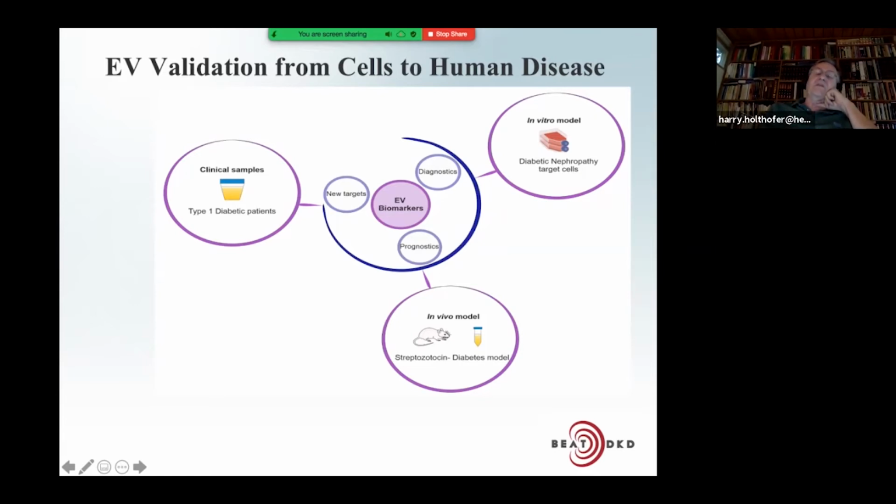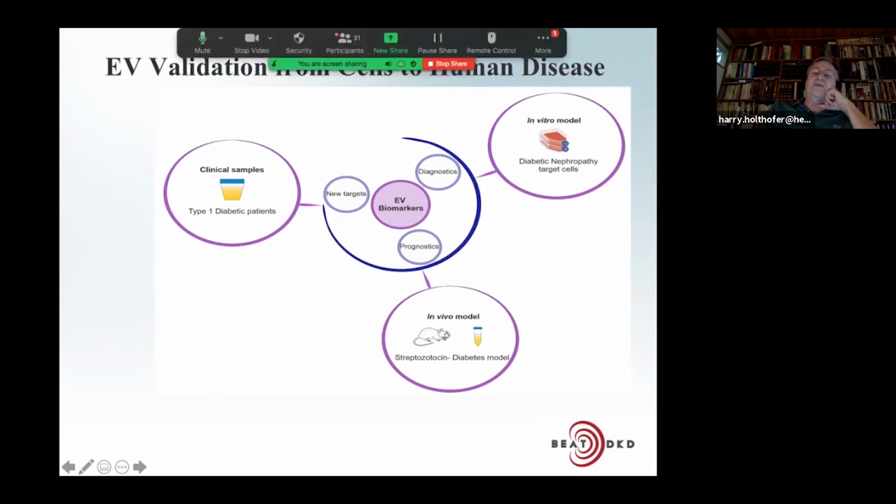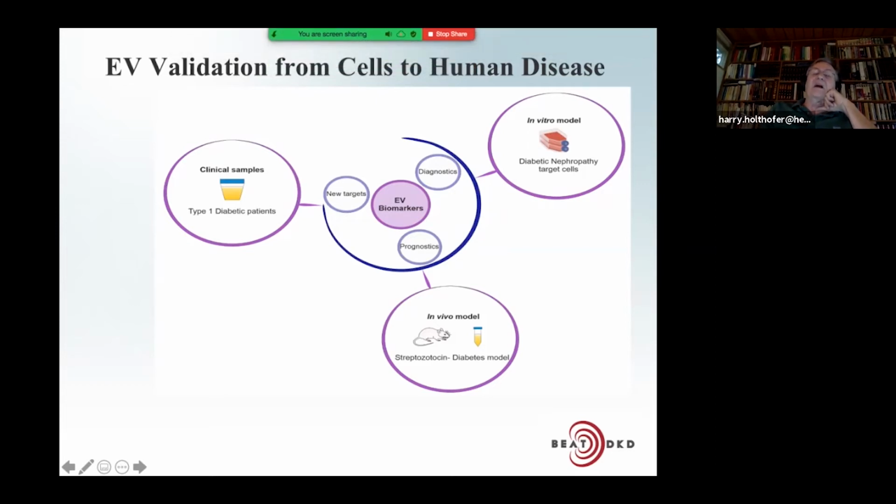Something which is important for our thinking is that we want to see if the in vitro models that are being increasingly used for diabetes targets, milking out the extracellular vesicles for that purpose, can be confirmed in established in vivo models, like the streptozotocin diabetes model in the rat, and especially in the urine of the rat.